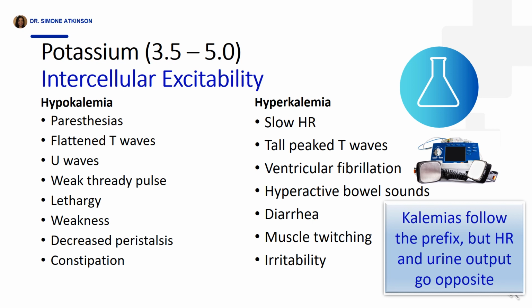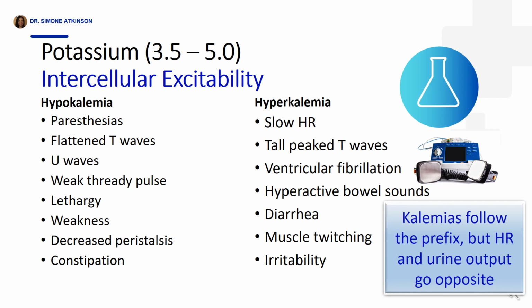So low potassium levels result in decreased intracellular excitement. That will be accompanied by paresthesias and tingling or numbness. And the cardiac tissue experiences reduced excitement, leading to decreased contractility. Visualize the T wave, which represents ventricular repolarization or relaxation. With hypokalemia the T waves are flattened, and potentially we can also see a U wave at the end of the T wave.